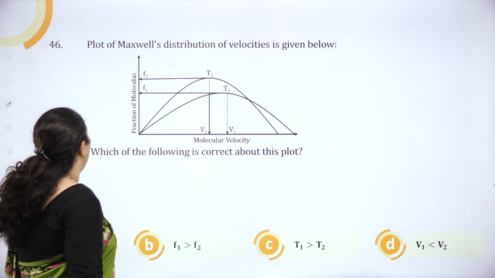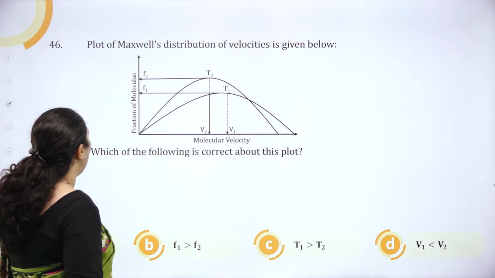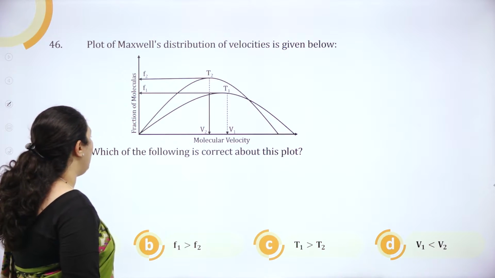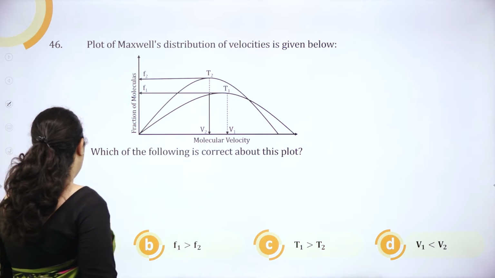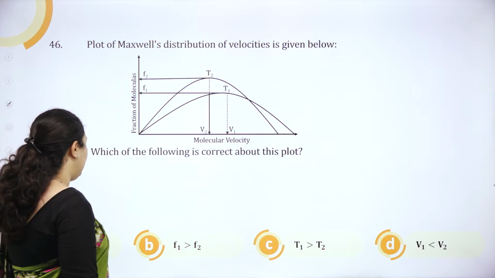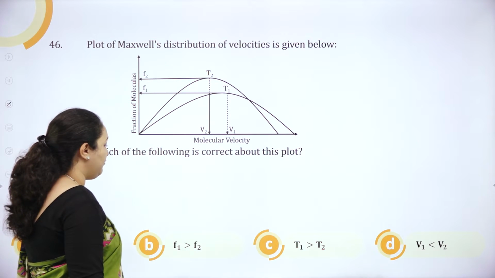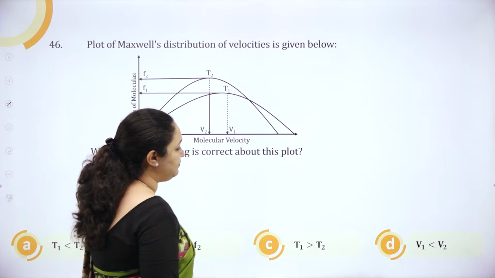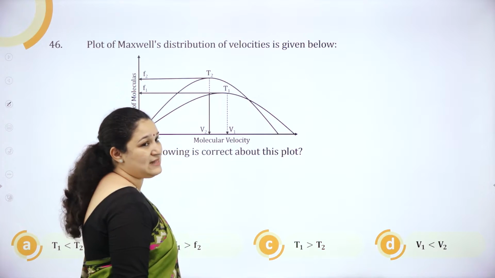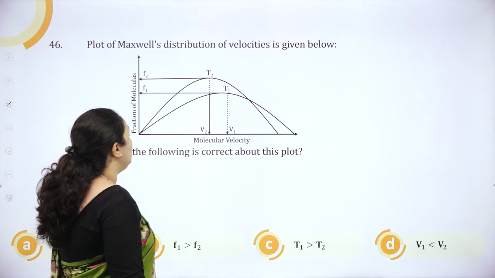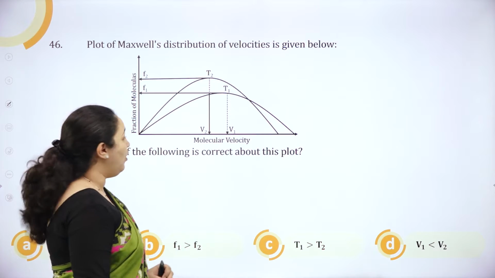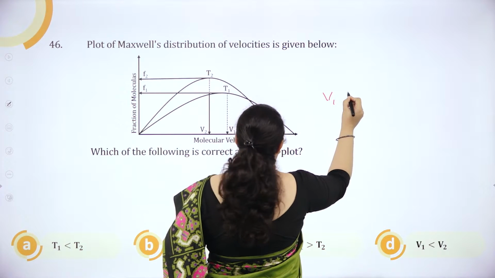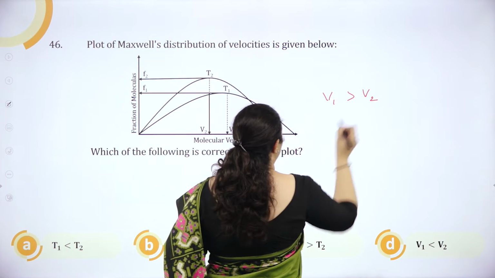Next question. 46th one. Plot of Maxwell's distribution of velocities is given below. Which of the following is correct about this plot? T1 is smaller than T2, F1 is greater than F2, T1 is greater than T2, V1 is smaller than V2. So from this graph, what I can understand from the x-axis is V1 is greater than V2, correct?